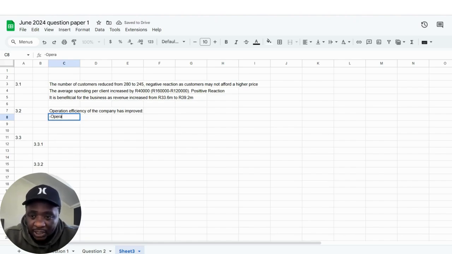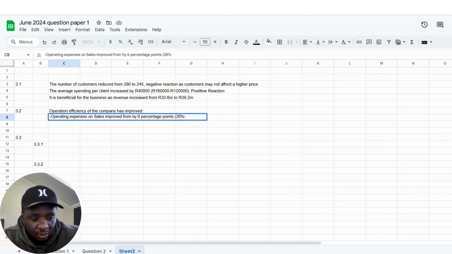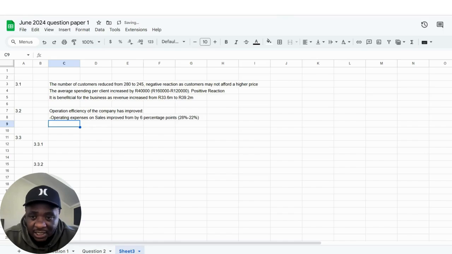So we're going to say operating expenses on sales improved from 28%, or improved by 6 percentage points, because it was 28% and now it is 22%. So it is improved by 6 percentage points.